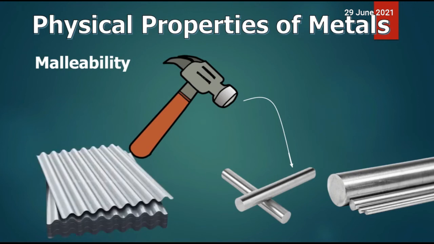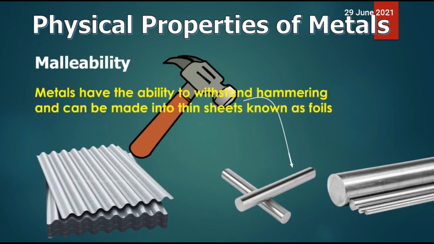We all know that, right? Metals have the ability to withstand hammering, and can be made into thin sheets. And therefore, metals are described as malleable. So remember this word, malleability.